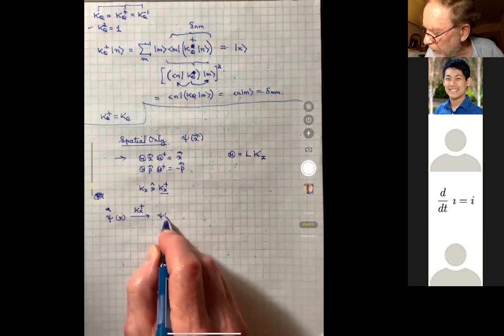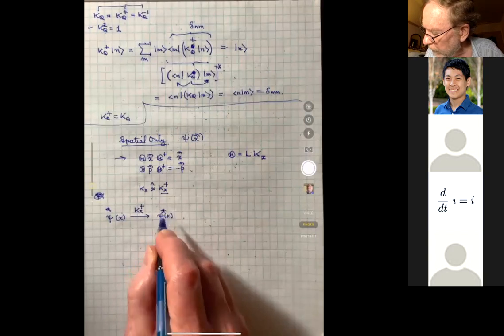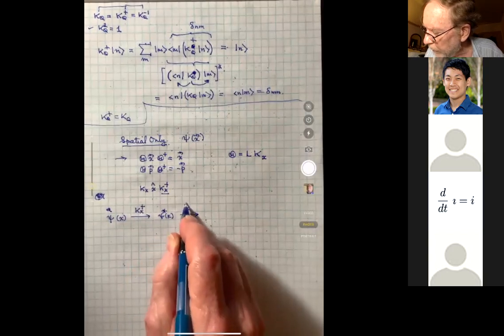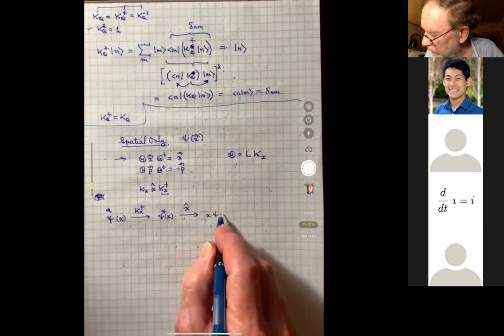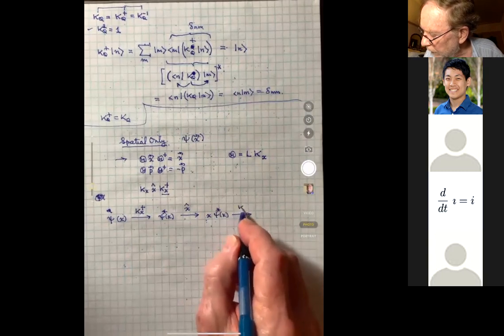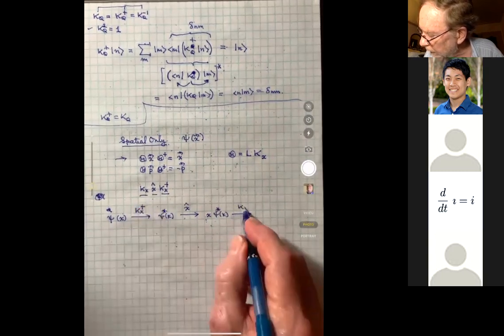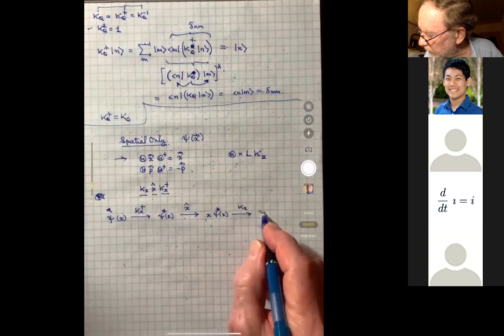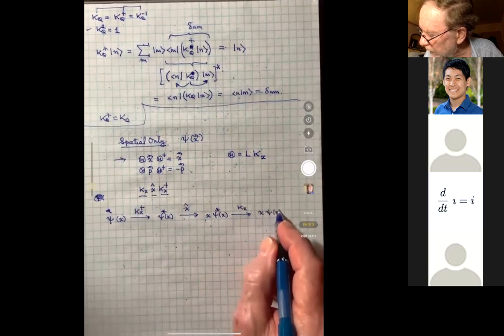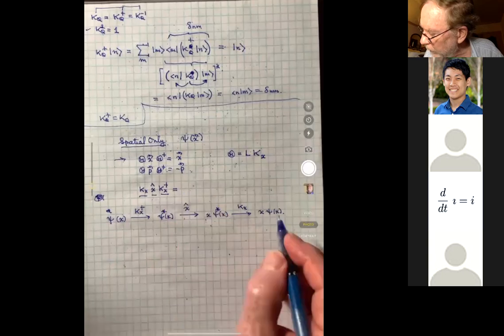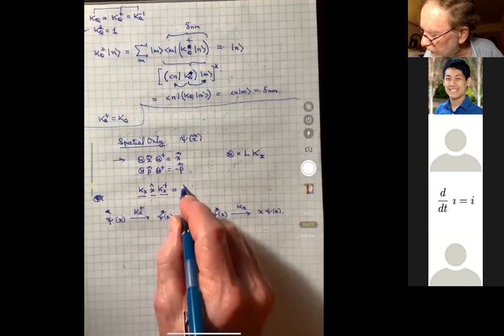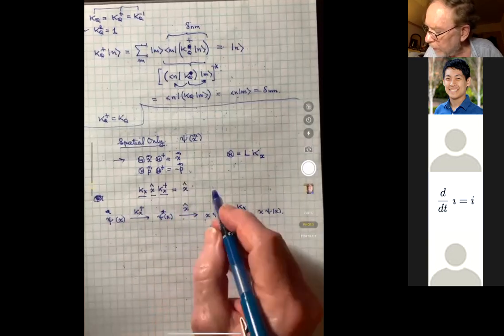So that turns into psi of X star. And now I'm going to apply the X hat operator here. X hat just gives me X times psi of X star, because it's just multiplication by X. And then I apply the K, which is the third factor here. The KX is the third factor. And this complex conjugates it again and turns into X psi of X. So what we see is that the product of these three operators is equivalent to just multiplying by X, which is X hat itself.